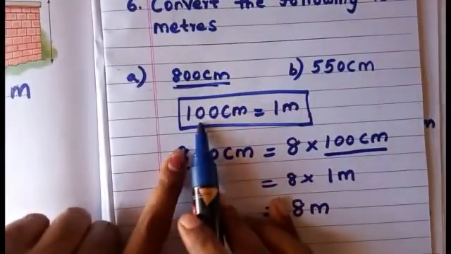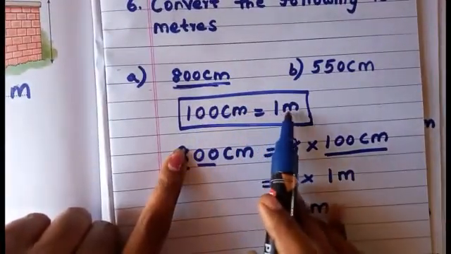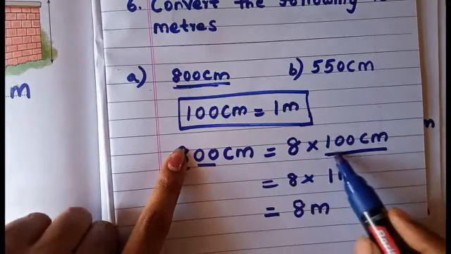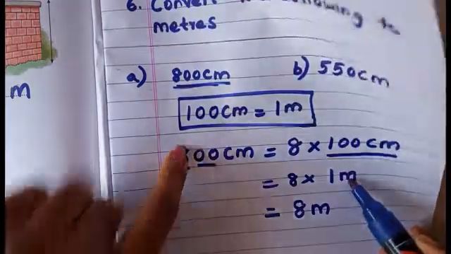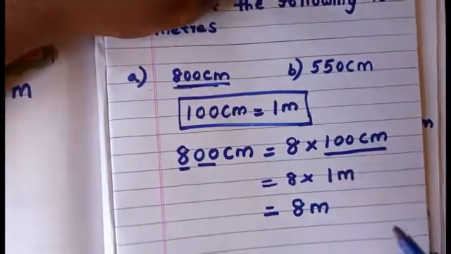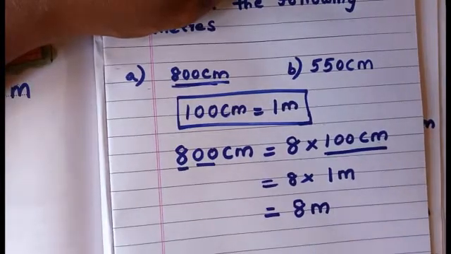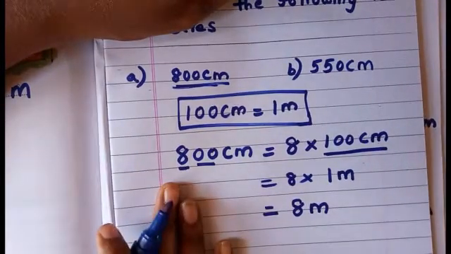Then 8 into 1 meter, because 100 centimeters equal to 1 meter. So 8 into 1 is 8, 8 ones are 8.